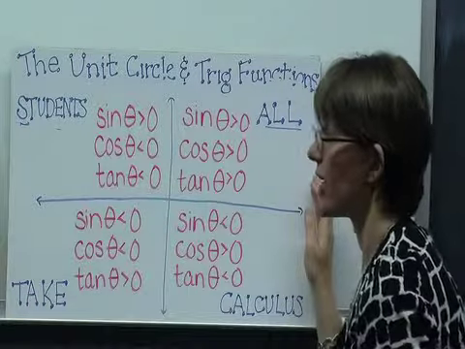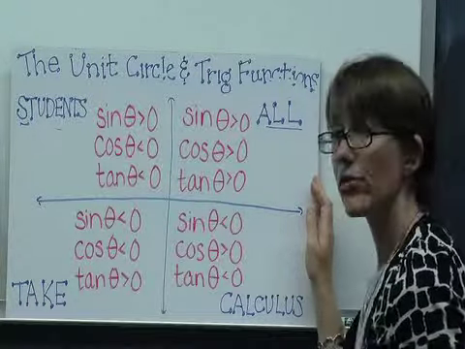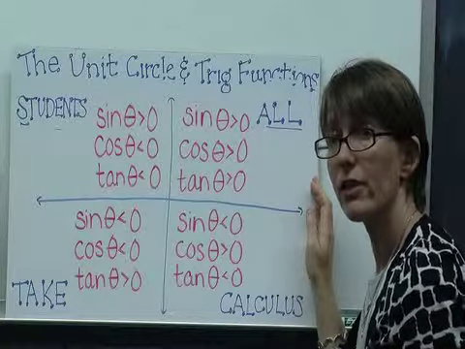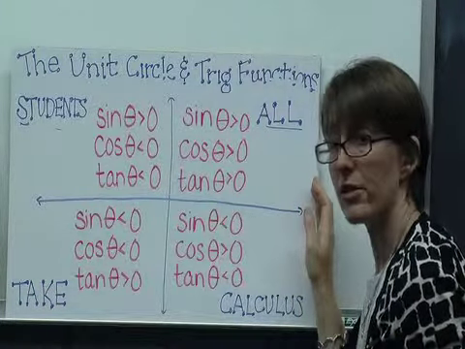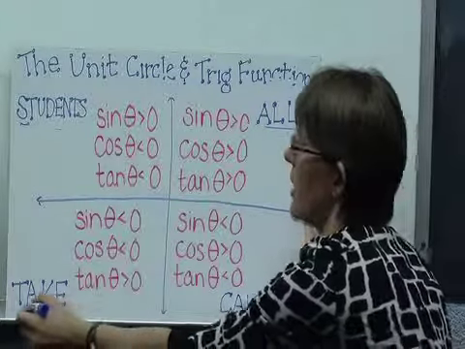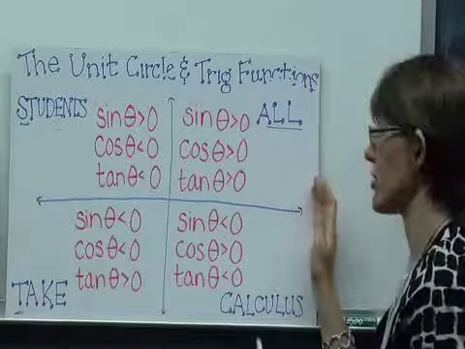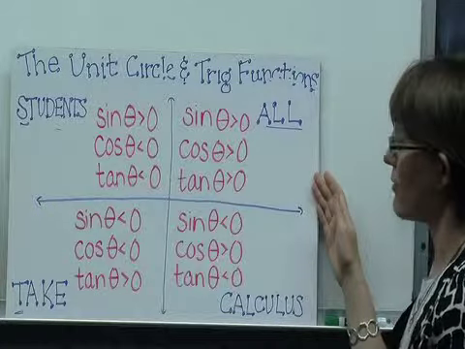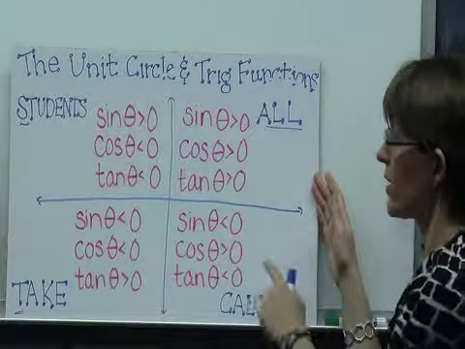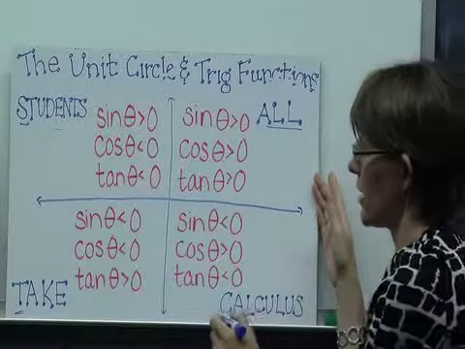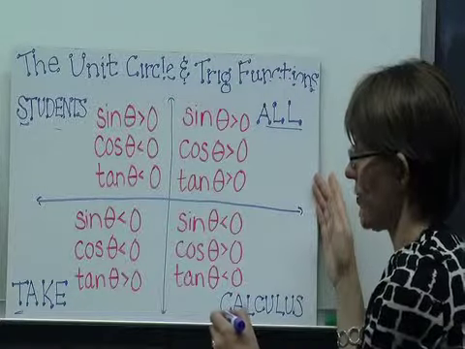In quadrant 3, sine and cosine are both negative, and since together they involve opposite and adjacent, the tangent ends up being positive. So tangent is positive in quadrant 3. And finally, in quadrant 4, sine is negative, cosine is positive, and tangent is also negative.